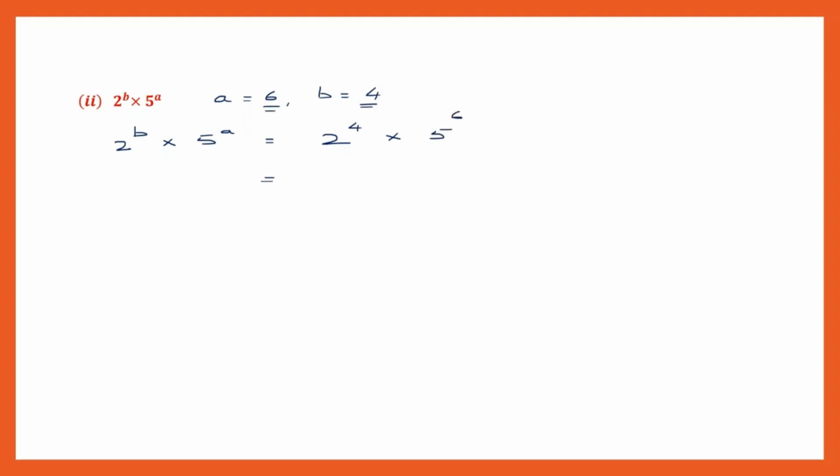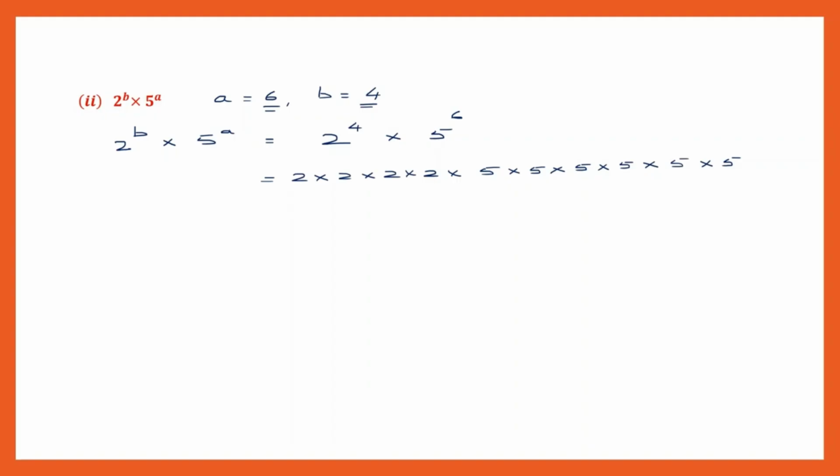So that means we need to multiply 2 4 times. 1, 2, 3 and 4, and multiply 5 6 times. 1, 2, 3, 4, 5 and 6.